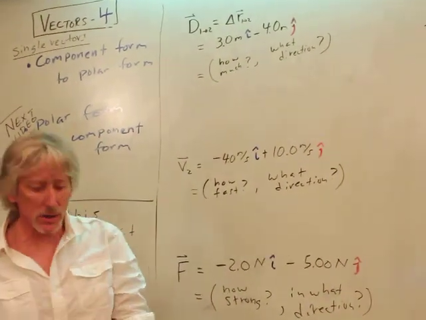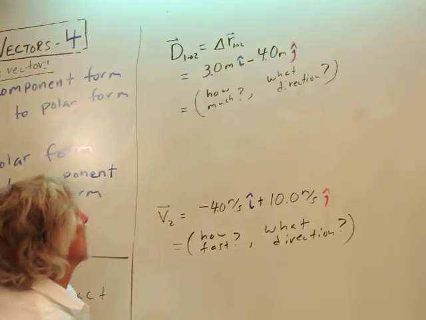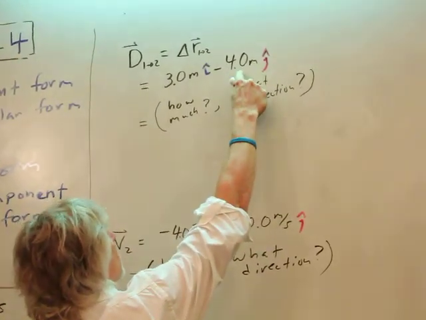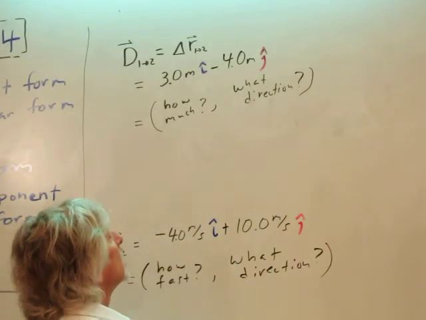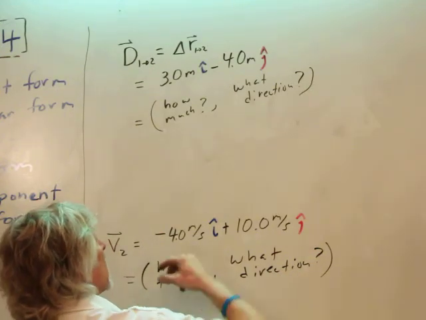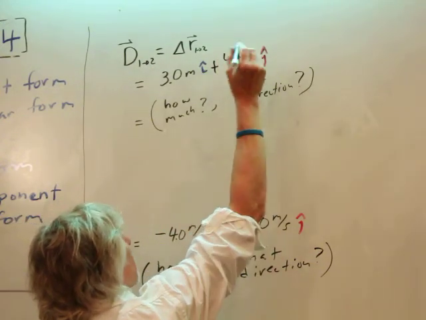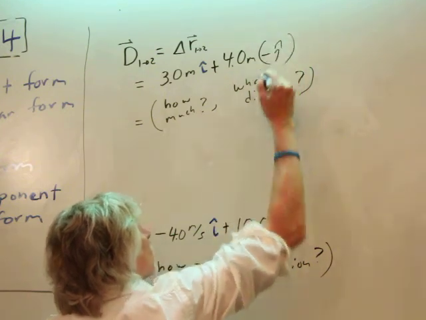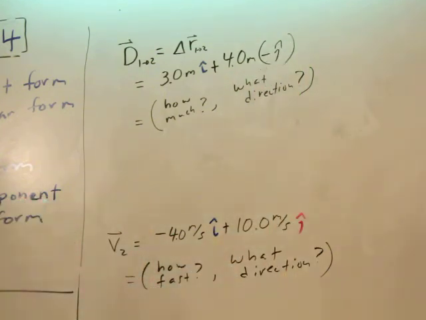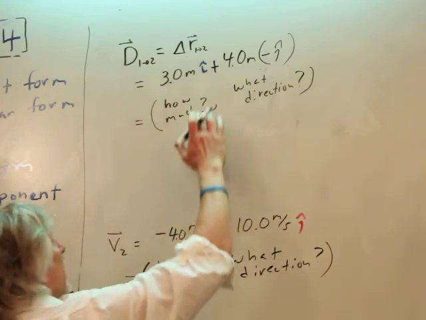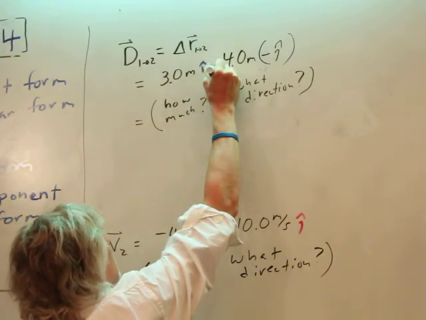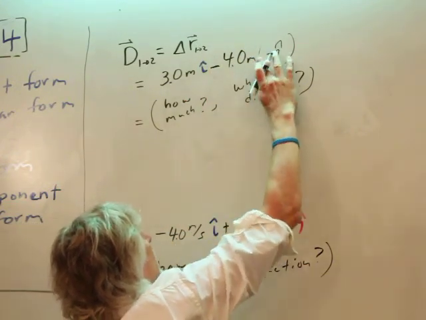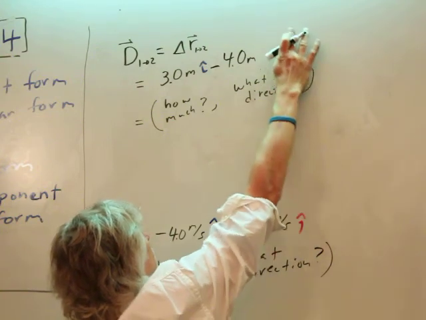One thing that I want to notice here is that minus 4.0 meters j hat is the same as plus 4.0 in the negative j hat direction. So we can write it either way, but minus means in the negative j hat direction.